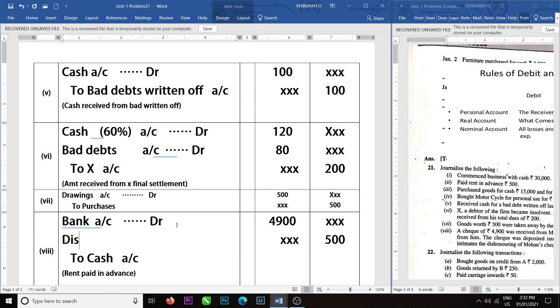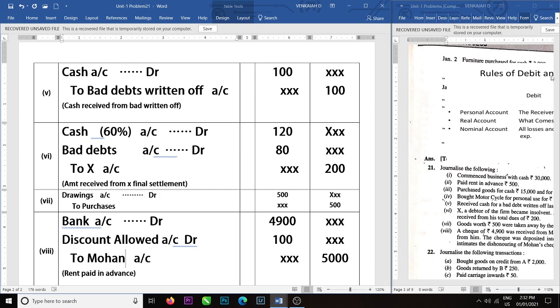So out of 5,000, this amount is received from Mohan.